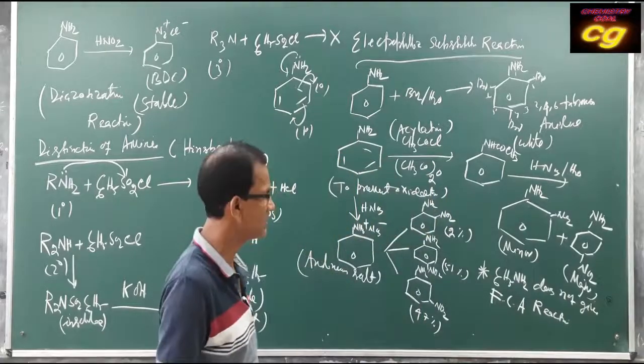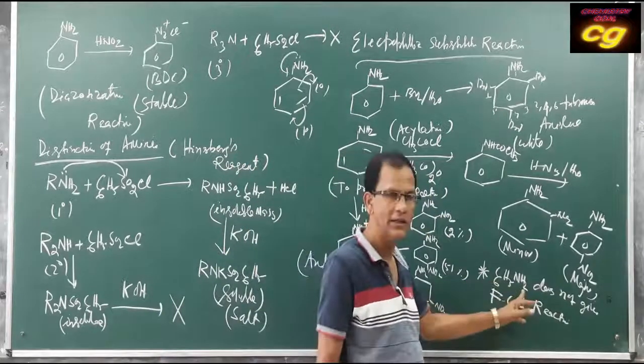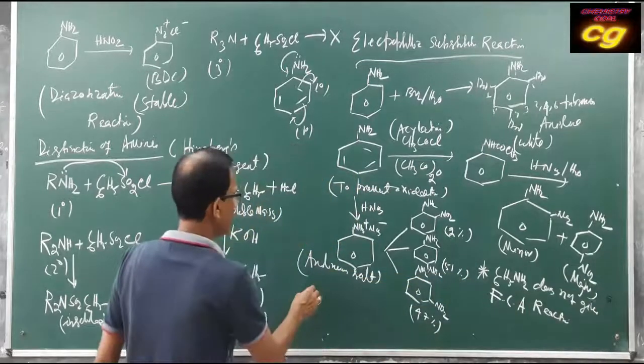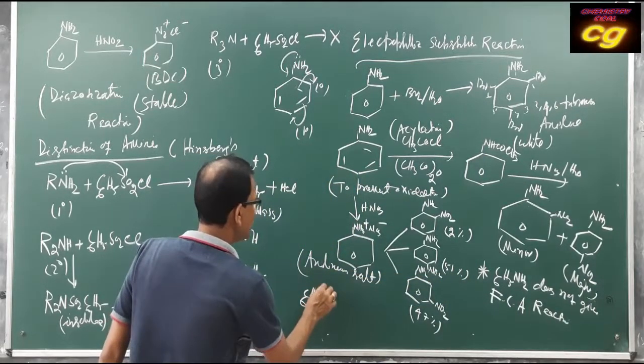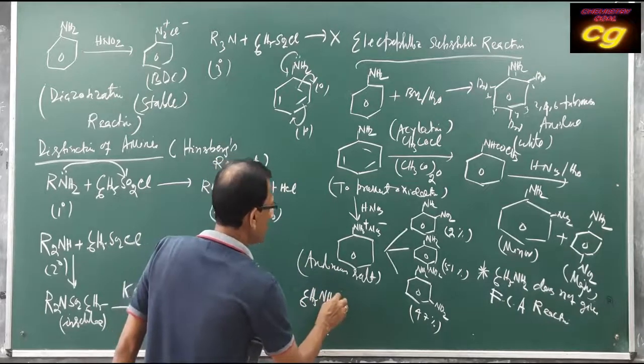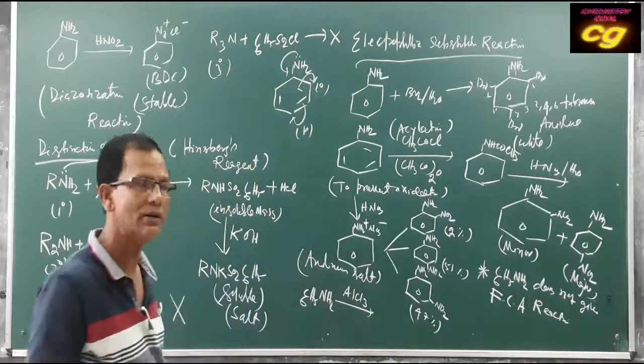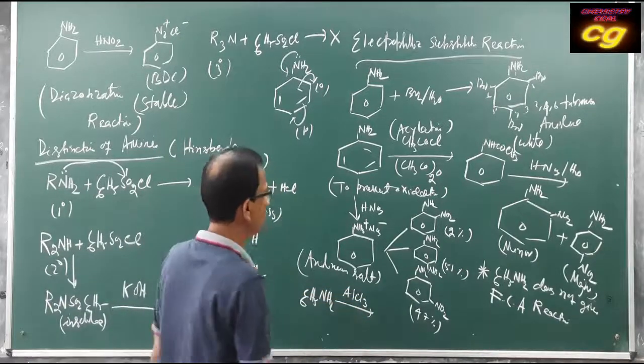Friedel-Crafts alkylation and acylation are not shown by aniline because when aniline is treated with aluminum chloride, used in acylation and alkylation, it produces a salt.